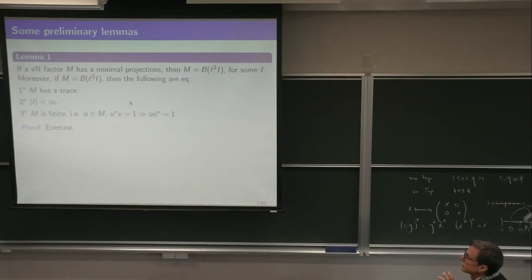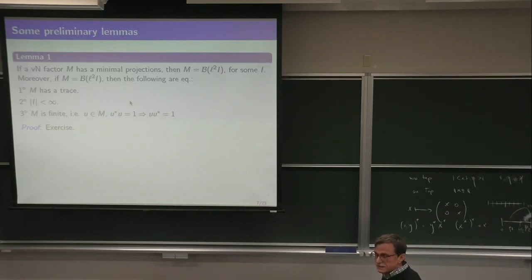So one more time, all this is an exercise, the first part, but also the second, which is very easy. On B(H), if H is infinite dimensional, you cannot have a trace state.